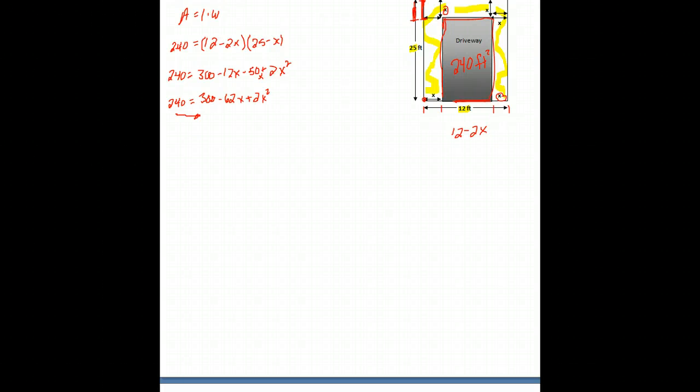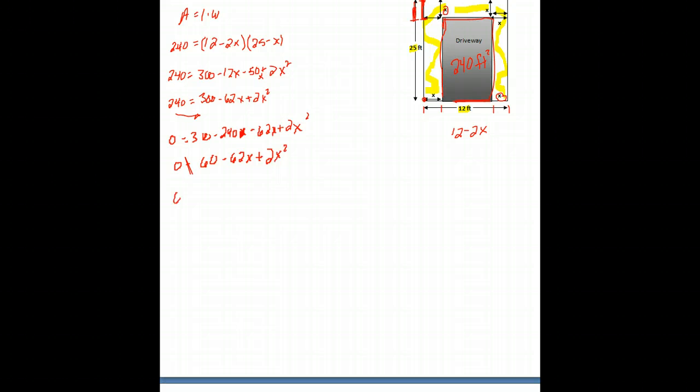So bring the 240 over, so it will be 0 equals 300 subtract 240, minus 62x plus 2x squared. I'm sorry, that's not supposed to be an x there. So it's just 240. So 300 take away 240 is 60, minus 62x plus 2x squared.